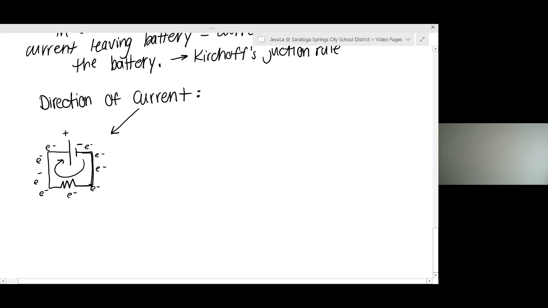Okay. We know that that's what's actually happening because the electrons are the mobile charge carriers.